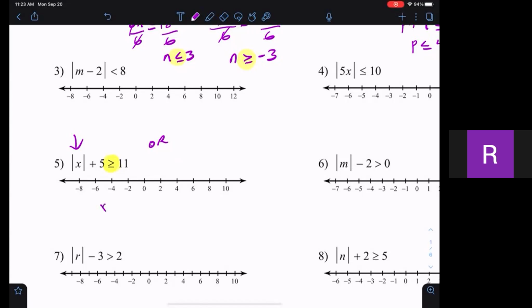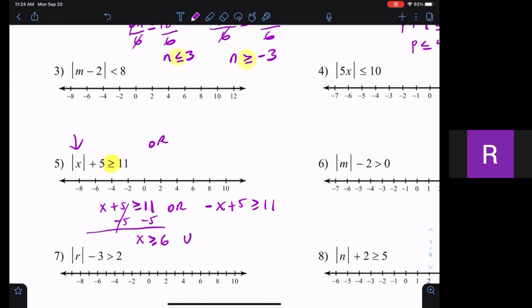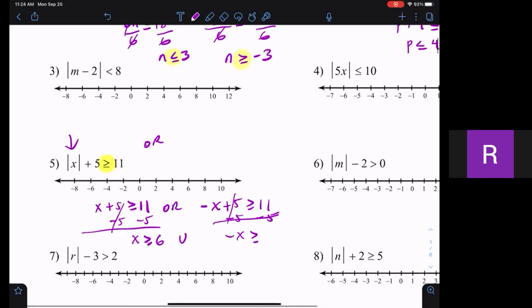So this is going to be x plus 5 ≥ 11, or, right, negative x plus 5 ≥ 11, right? So this is going to be -5 on both sides, x greater or equal than 6, union, right? Because OR is union, -5 on both sides, negative x, less or equal than 6, right?